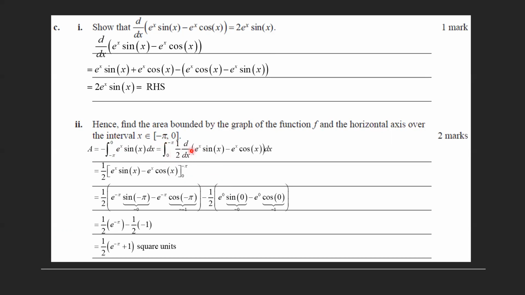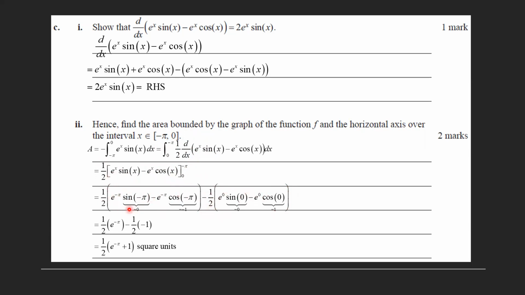Now with the integration sign and the d/dx, you undo each other to get half, don't forget half, e^x sin x minus e^x cos x, 0 to -pi. And I just substitute all the values, -pi into the antiderivative, 0 into the antiderivative, set it up nicely, like what I typed here.